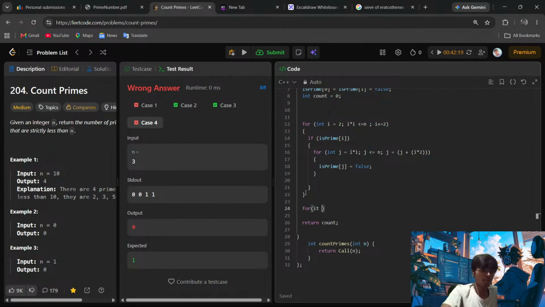For loop for int i is equal to 0 till i is less than isPrime.size, and i plus equals 2. And if I see that isPrime at i is basically a prime number, then I will increase the count. Okay, and I will return the count here.